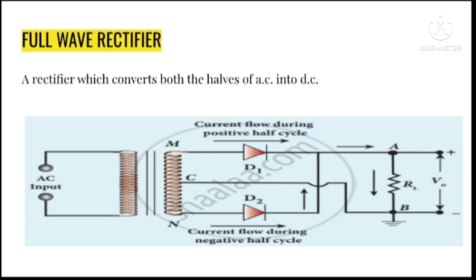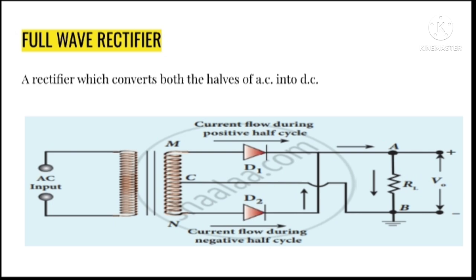So now for the working, when the positive cycle of the input signal flows through the primary coil, again EMF is induced in the secondary coil due to mutual induction, and let the direction of the induced EMF be such that the upper end of the secondary coil becomes positive while the lower end becomes negative.